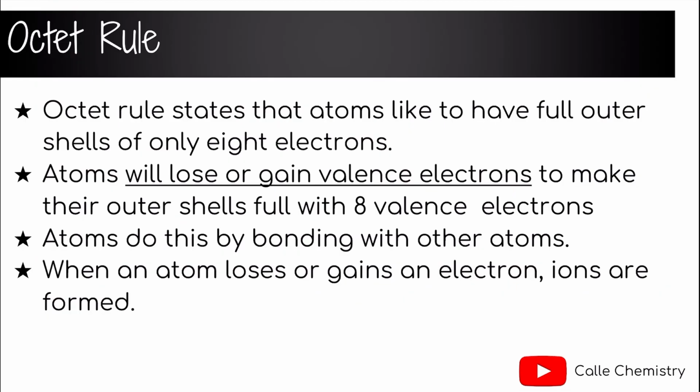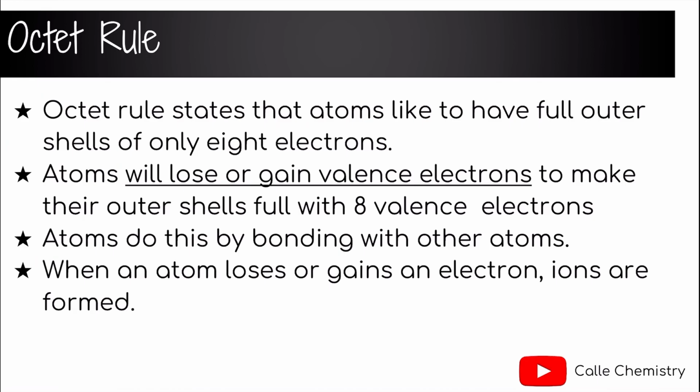Now, going back to the octet rule, we talked about how the octet rule tells us that atoms want a full outer shell. A full outer shell means 8 electrons. Now, how do atoms that don't have 8 electrons on their outer shell get 8 electrons in their outer shell?